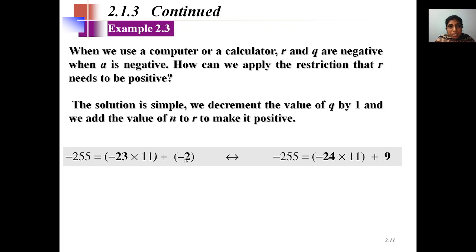Now this can be changed so that minus 24 is further decremented, giving minus 24 into 11, which makes the remainder positive, and you get the remainder as plus 9. Like that you need to change the data.